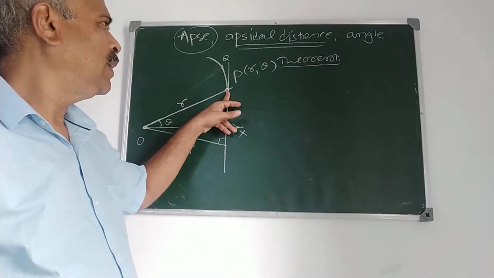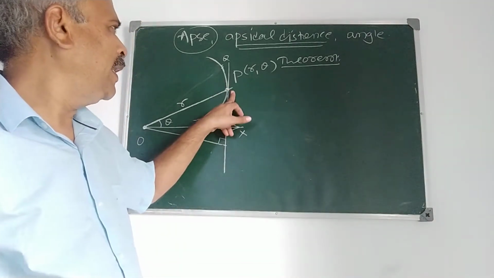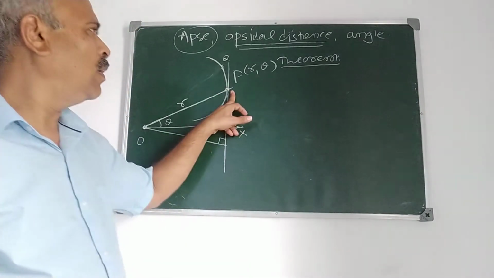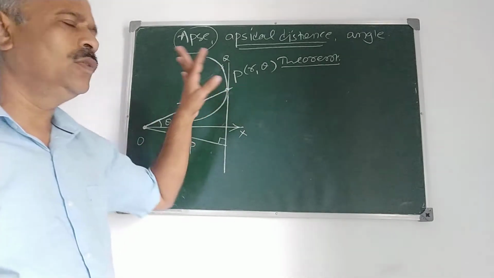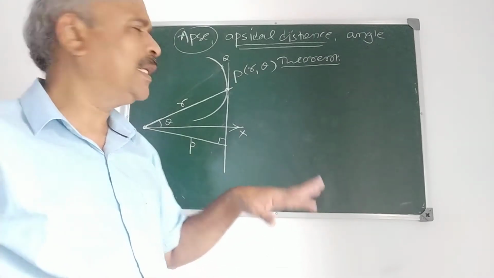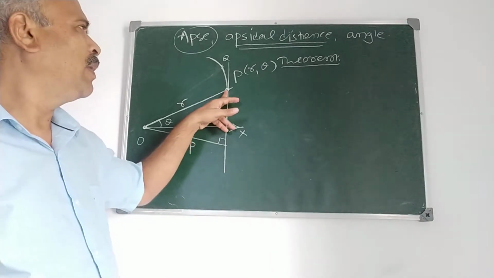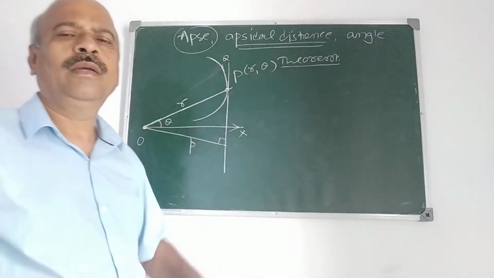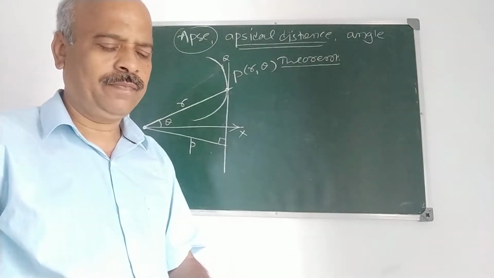At an apse, radius vector is perpendicular to the tangent, or at an apse, the direction of motion of the particle is perpendicular to the radius vector. Alternatively, can be stated like this: at an apse, direction of motion is perpendicular to the radius vector.